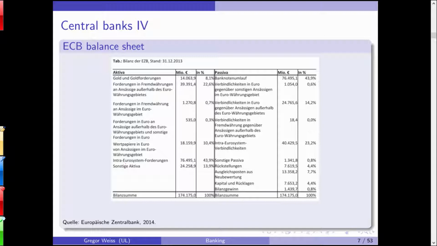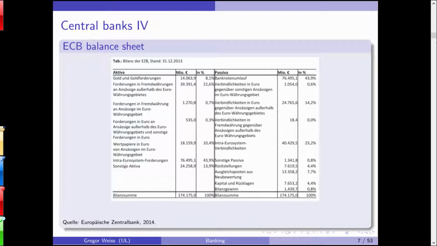The ECB balance sheet. You can see the balance sheet of the European Central Bank, at the end of 2013. And you can see a total balance sheet, total assets, of almost 174 billion euros.